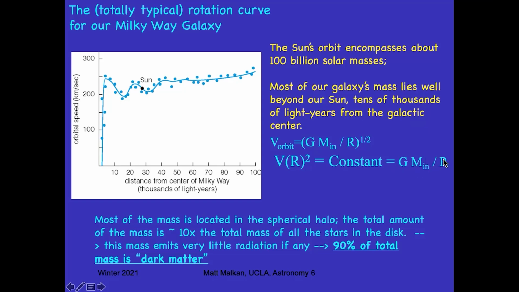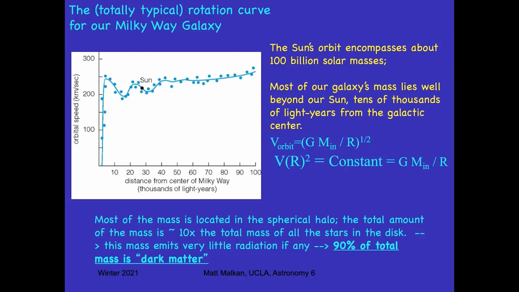So if you double the circle, go from 25,000, remember from 25,000, we said that we were enclosing 10 to the 11, 100 billion solar masses. If you draw twice as large a circle, go out here to 50,000 light years, that goes up by 2. The mass also doubles. Whoa, it doubles.